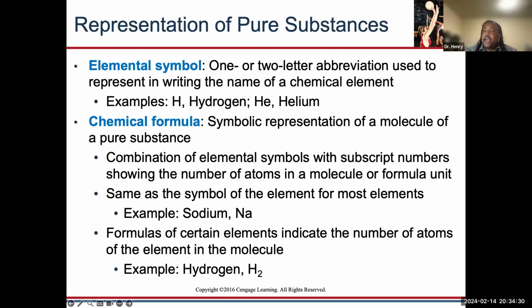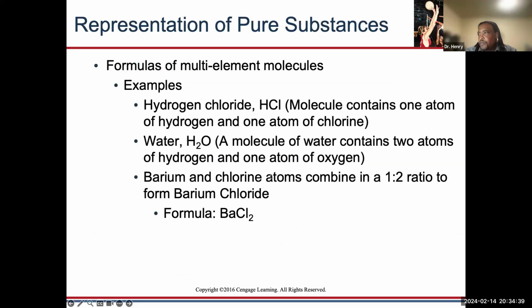Now, if I have NaCl, it's no longer just sodium, it's salt now. And so that's a compound together.